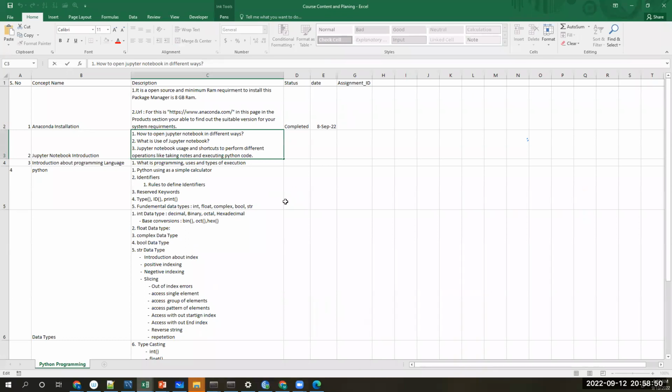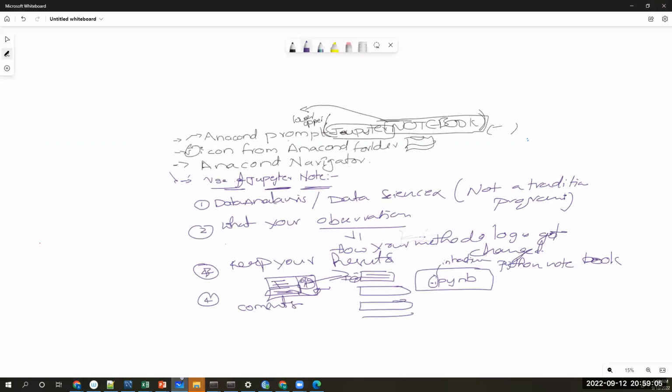Sir, I have a doubt. Like Jupyter, do we have any other tools or methods? Why specifically do we move on to Jupyter? We have a lot of options: directly VS Code, PyCharm, and Spyder in the Anaconda platform.